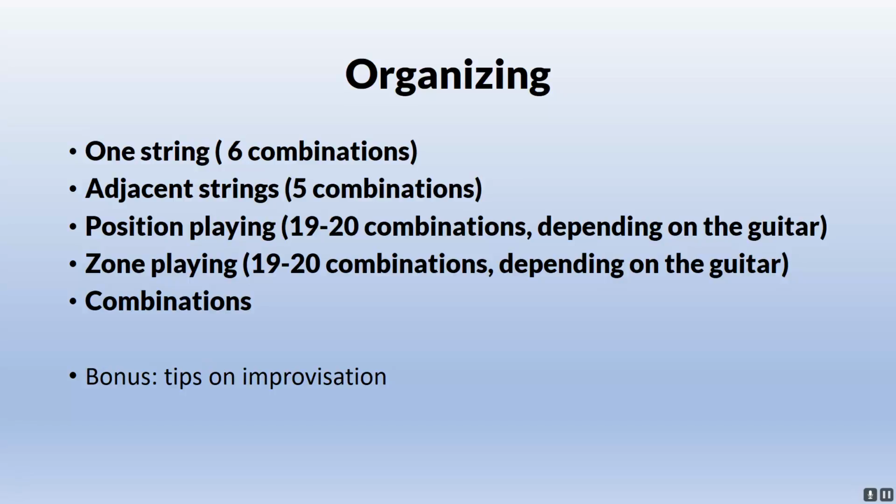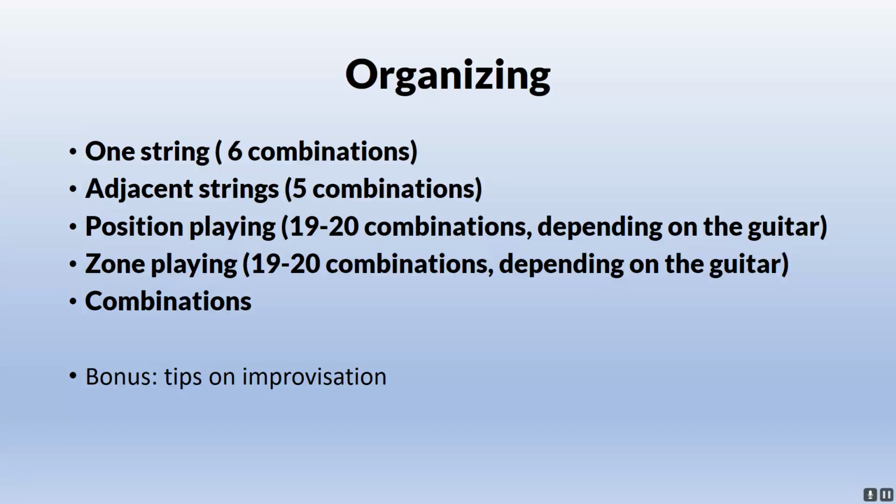The first one is just one string, which has 6 combinations. And then you have adjacent strings, strings that are next to each other. That's 5. Then you have positional playing, which has 19 or 20, depending on your guitar. And then there's zone playing, which also has 19 to 20, depending on your guitar.